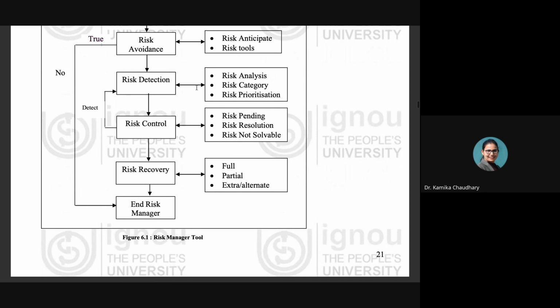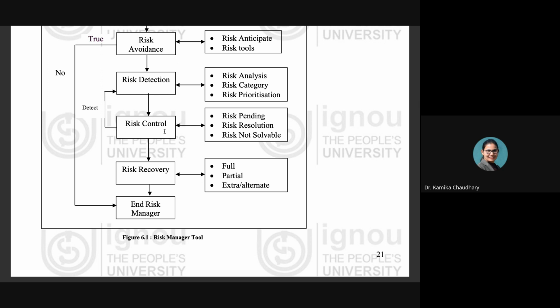Risk detection is performed with the help of risk analysis tools, risk category, and risk prioritization. These are the 3 important points which help us in the detection of the risk. After detection, the risks are sent to the risk control part.